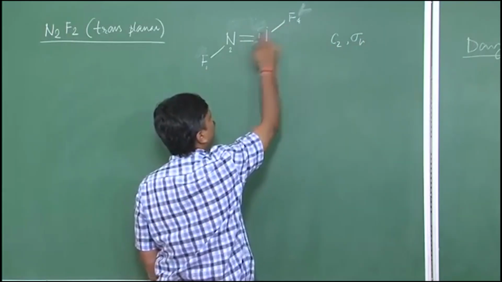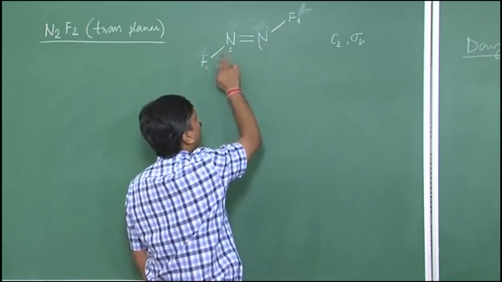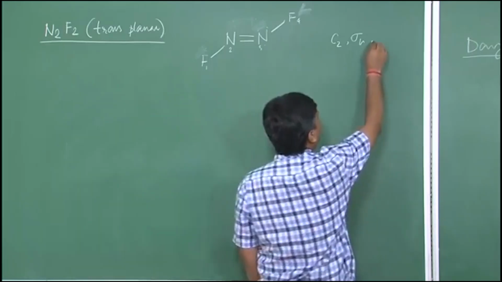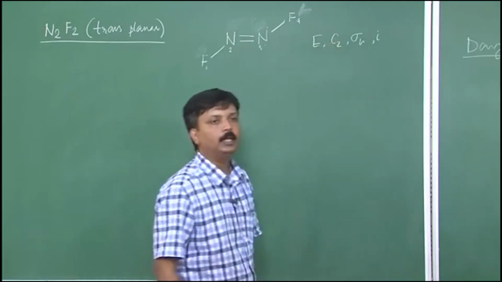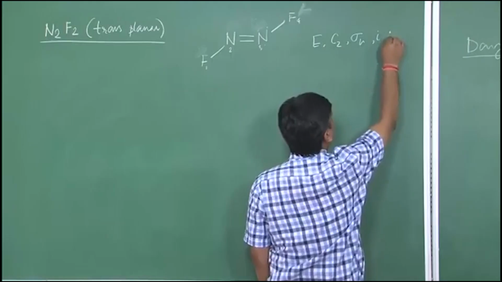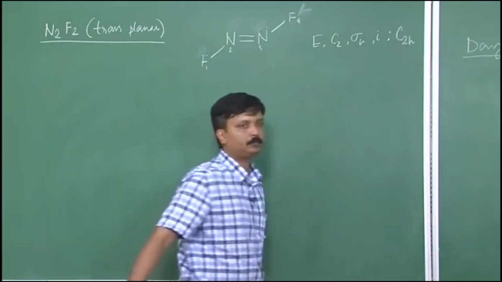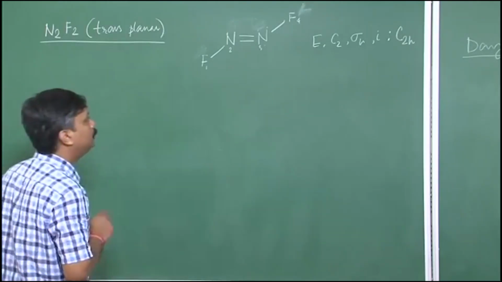Because if I start from here, it will go here and come to the place of 1, and 2 and 3 will also interchange their positions. So I also have i, and nevertheless you have E. So my point group is C2h. Alright, fine, we have found the point group C2h.